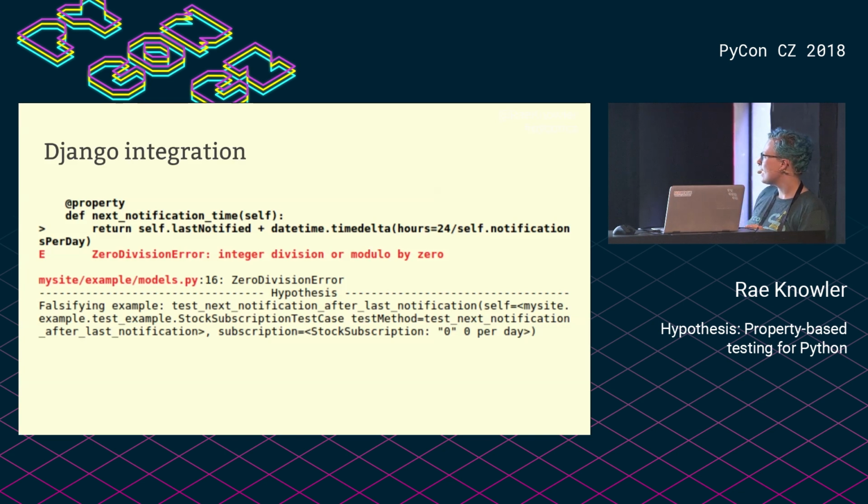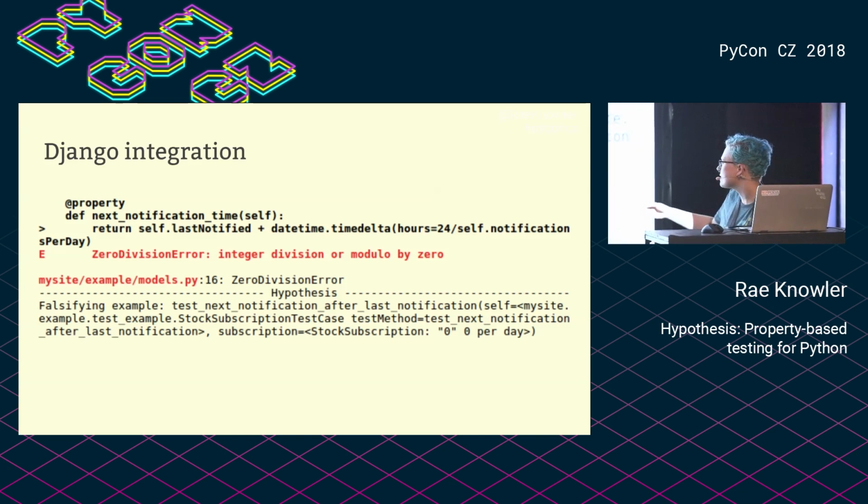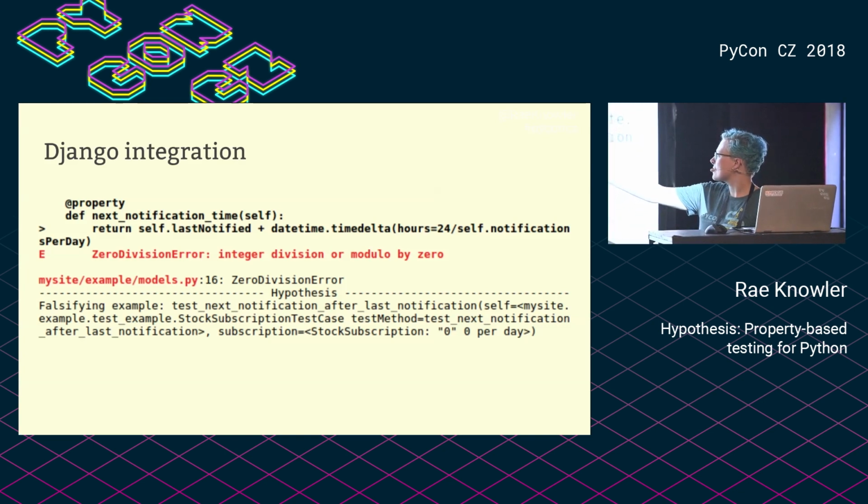It tells me I found a falsifying example, which is when the subscription is a stock subscription that says 0 per day.